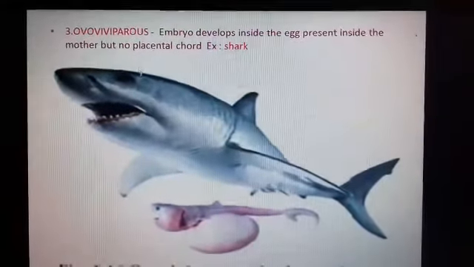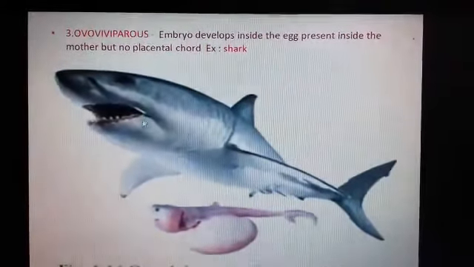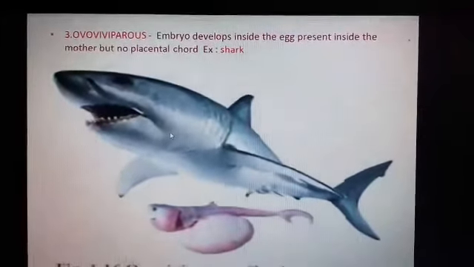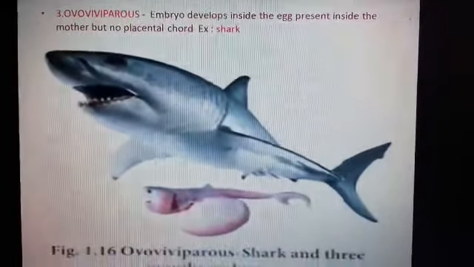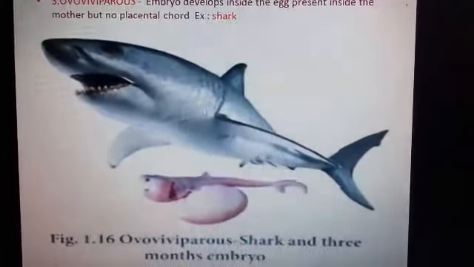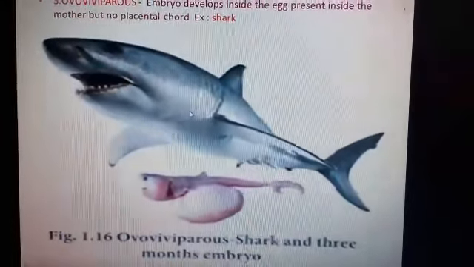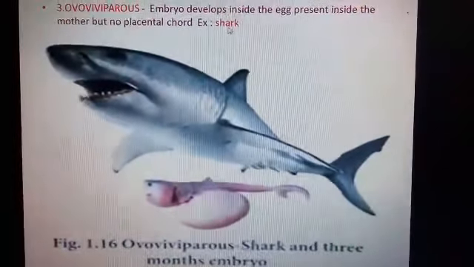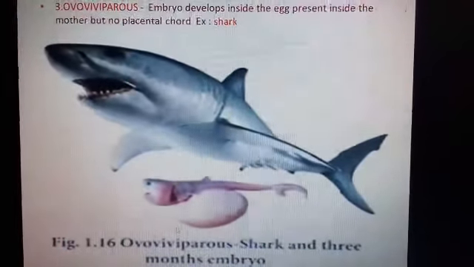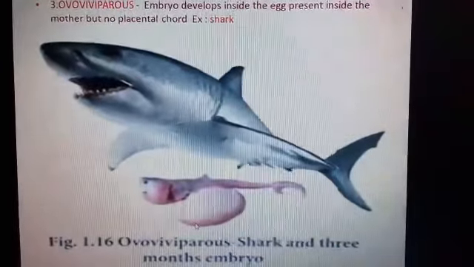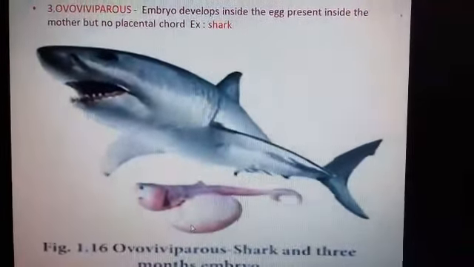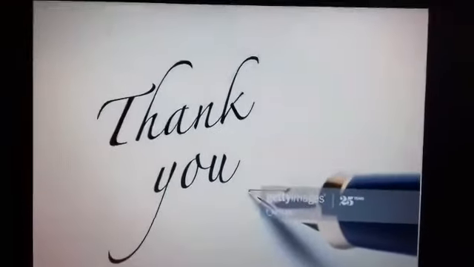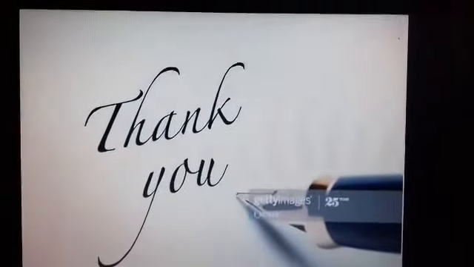See here, the egg is present inside the female, but the young one develops inside the egg, and it won't have any contact like placenta or cord as in the case of mammals. This takes place in the case of shark. You are seeing a 3-month embryo of ovoviviparous, which is known as ovoviviparous reproduction.